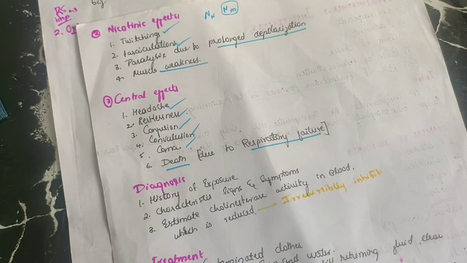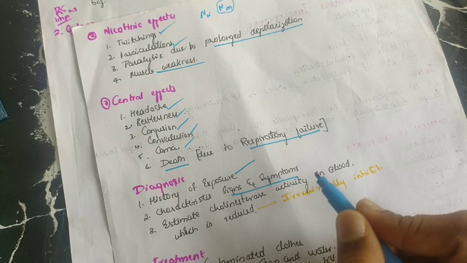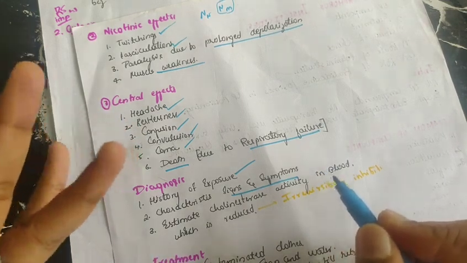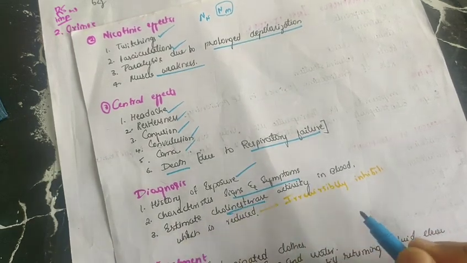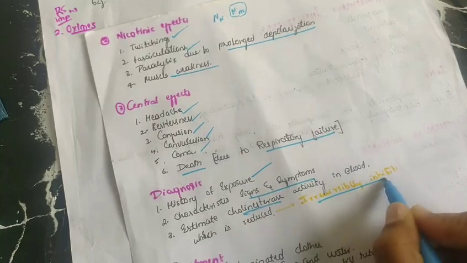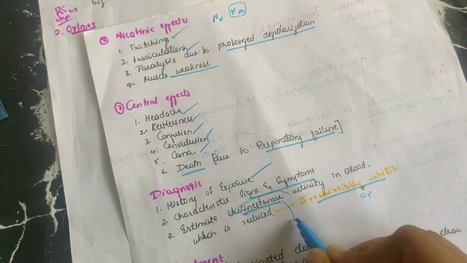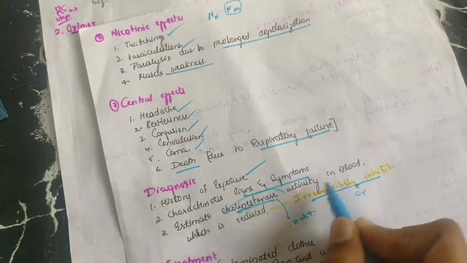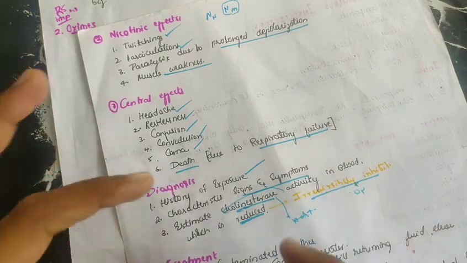You have to ask how the symptoms started, and look at the signs and symptoms: all the parasympathetic actions will be increased. And estimate the cholinesterase activity, because OP poisons irreversibly inhibit cholinesterase activity and increase acetylcholine concentration, so cholinesterase activity in the blood will be reduced. These three are the diagnosis points.